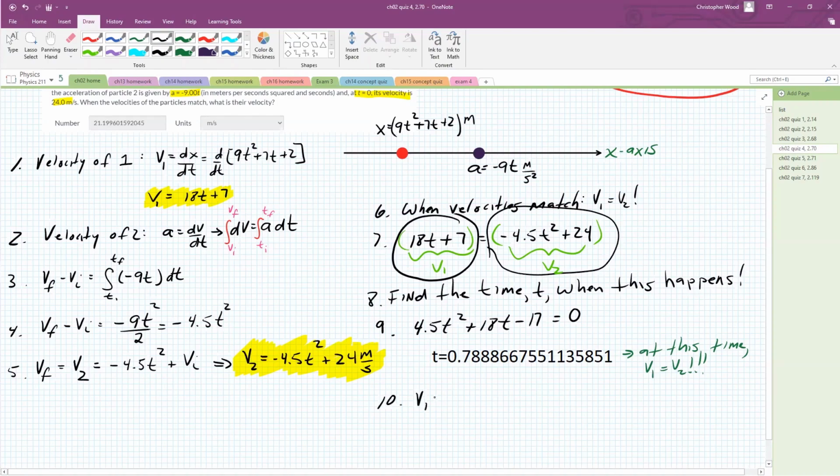So V1, which is also going to be equal to V2, is going to be 18 times T, 0.7888665, on and on and on, seconds plus 7. So let's go ahead and do 18 times 0.7888665755, on and on, plus 7, or 21.1996.